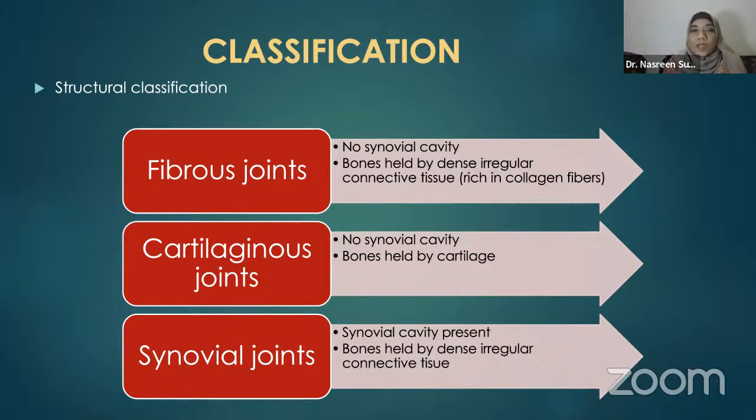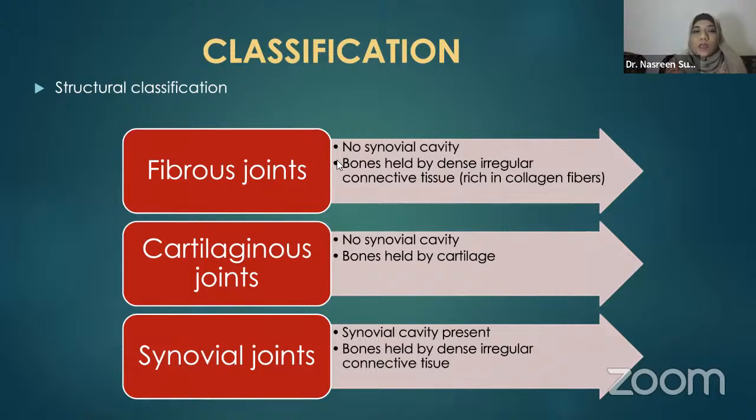So what parameter are they taking here? The parameter is whether there is some space between the joint. Depending on the presence or absence of the space between the joints, we are classifying the joints into fibrous, cartilaginous and synovial joints.